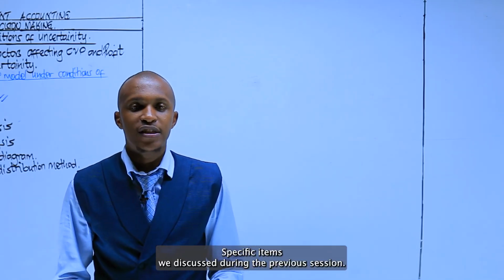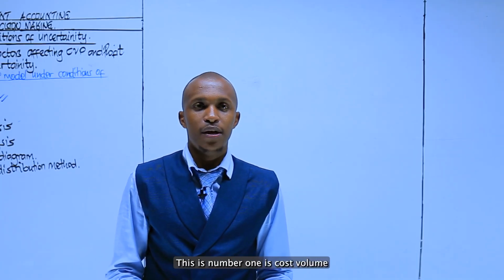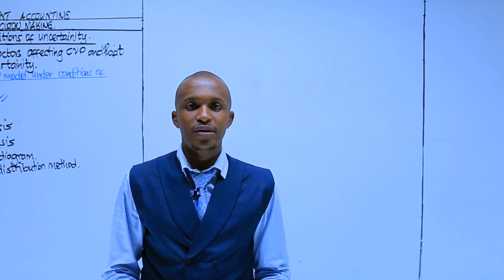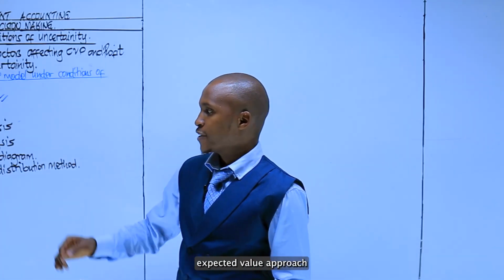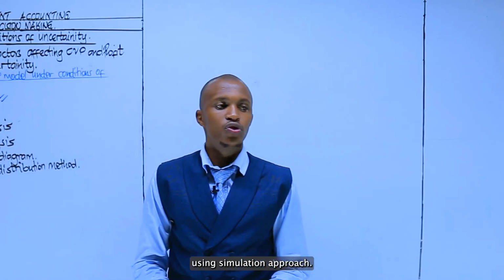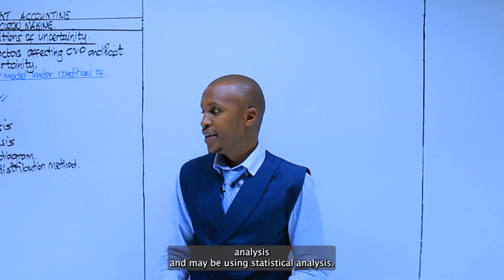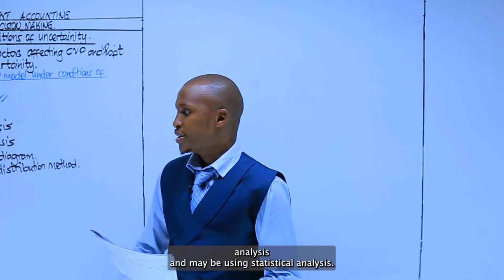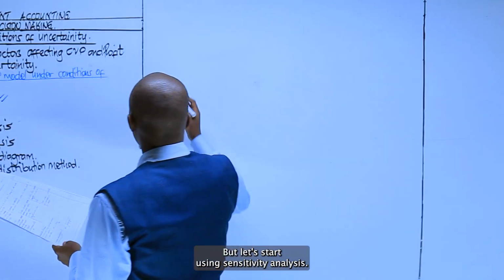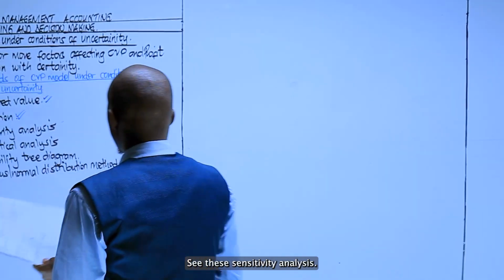Specific items we discussed during the previous sessions are the cost volume profit uncertainty model using the expected value approach and using the simulation approach. So today we will discuss using sensitivity analysis and maybe using statistical analysis. But let's start using sensitivity analysis. So C is sensitivity analysis.